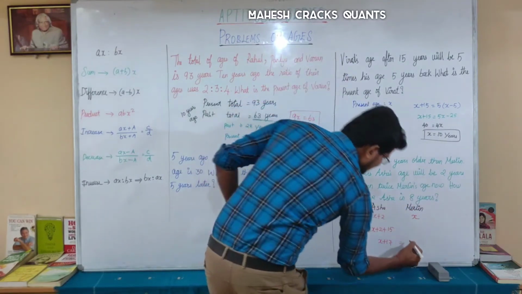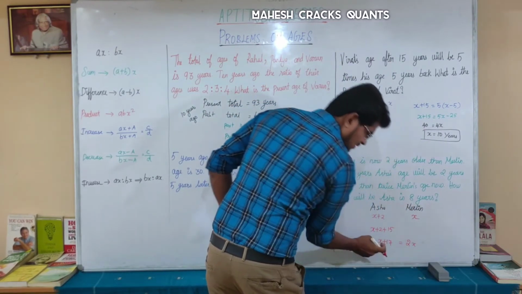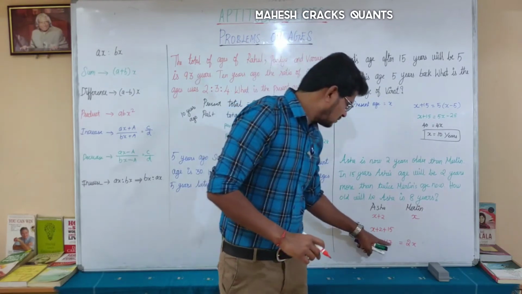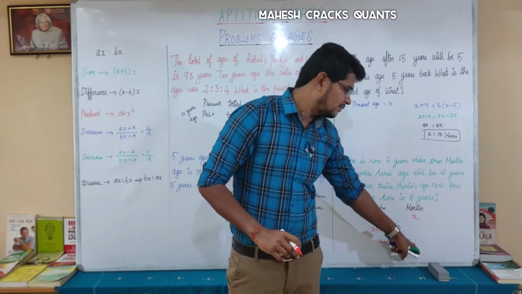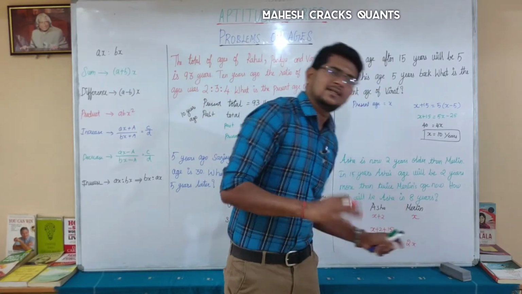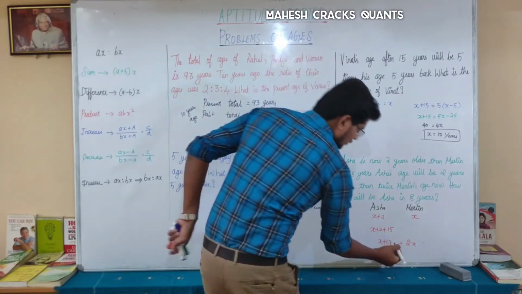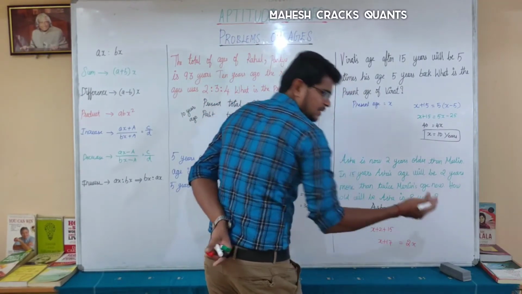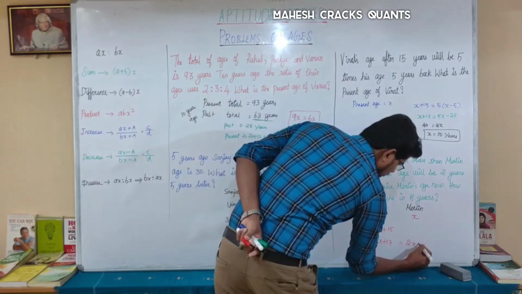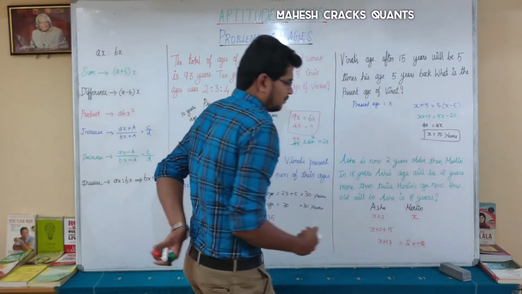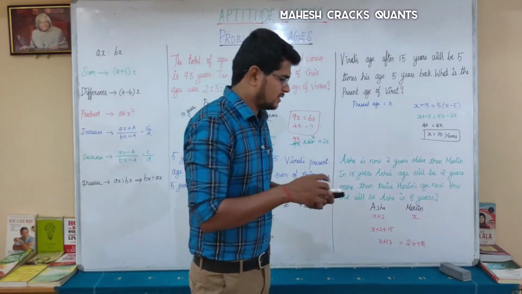Twice Merlin's age is 2x. 2 years more means you have to subtract 2 here, or else you can add 2 there. Anything will be the same. That's it. You have found the equation.